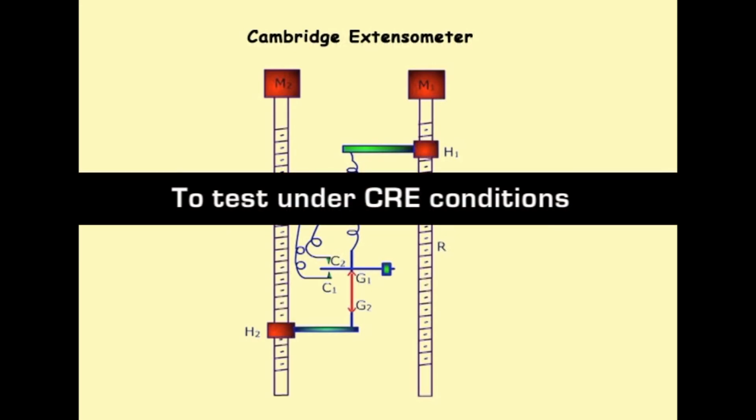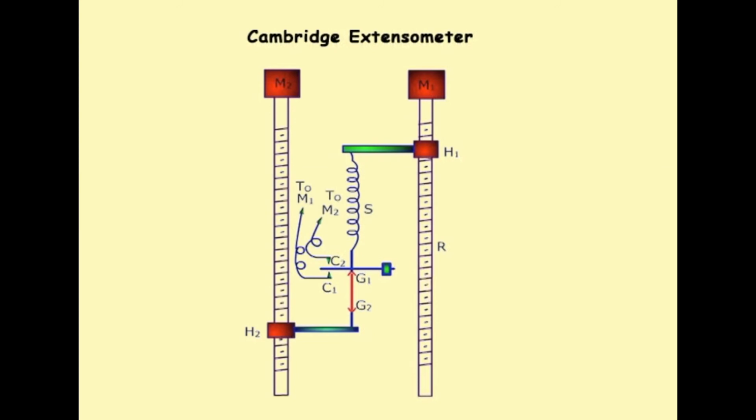To test under constant rate of extension conditions, the motor M2 runs continuously, extending the specimen at a constant rate. The leaf spring is deflected downwards as the tension is developed in the specimen. When contact is made with C1, motor M1 switches on, extending the spring until the tension in it balances the tension in the specimen.